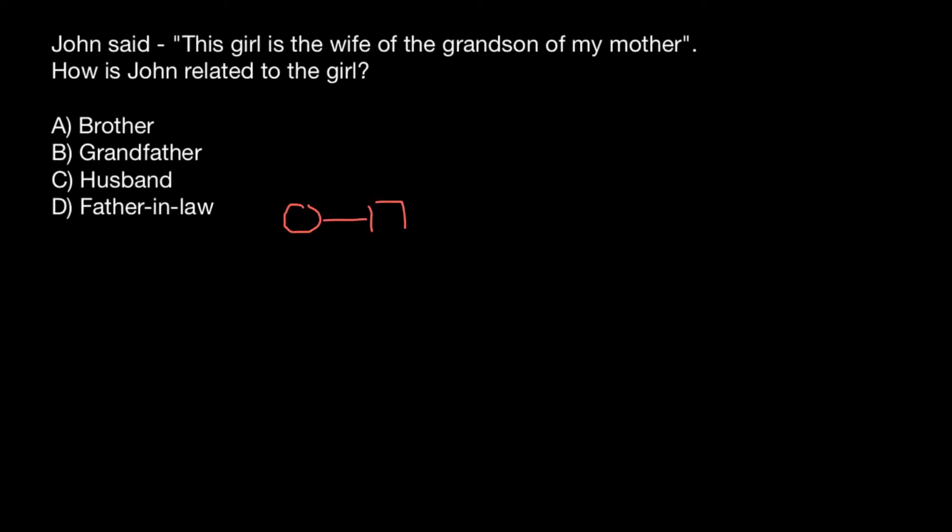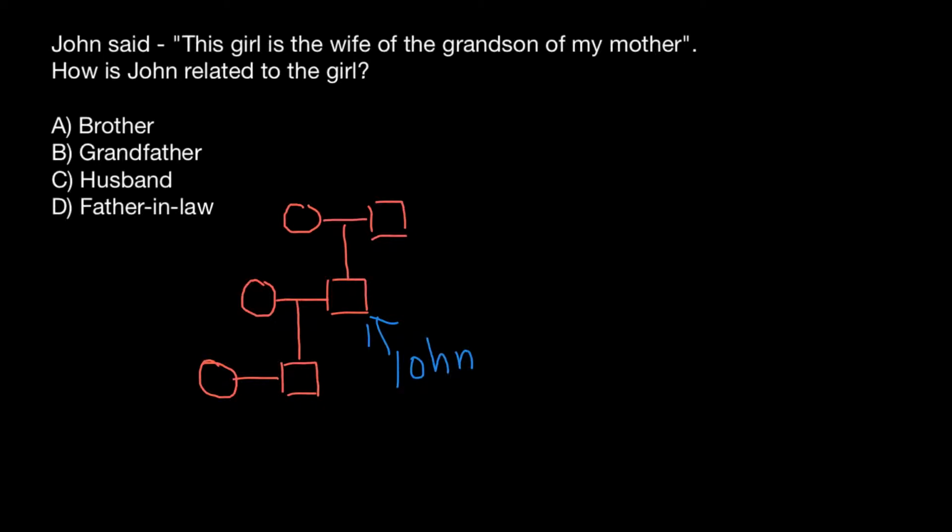So here's one couple that has a son, and the son is married, and he also has a son, and his son is also married. So here is going to be John, and here is going to be John's mother.